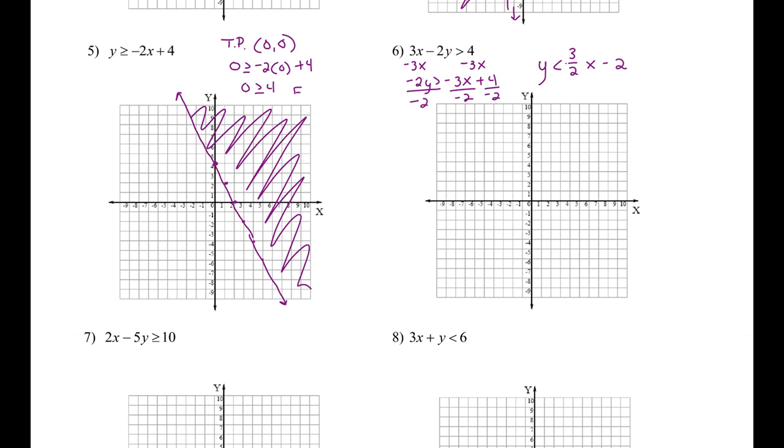So my y-intercept is 0, -2. And my slope is +3 over 2. So I'm going to do that a couple times, count up 3 over 2. I'm going to have a dashed line because this is less than. So I'm going to connect these points with a dashed line.